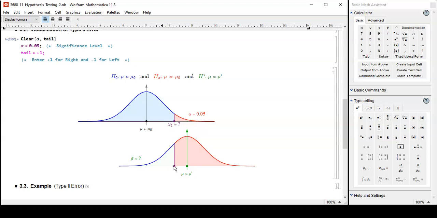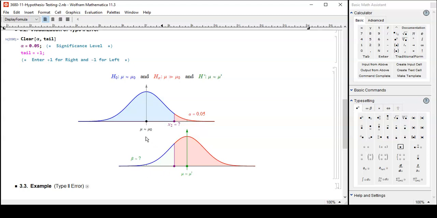This is a critical value. Okay, so this is what we expected, but it turned out like this. So under the new hypothesis, greater than the critical value, then we accept the alternative hypothesis, less than the critical value, we accept the null hypothesis.